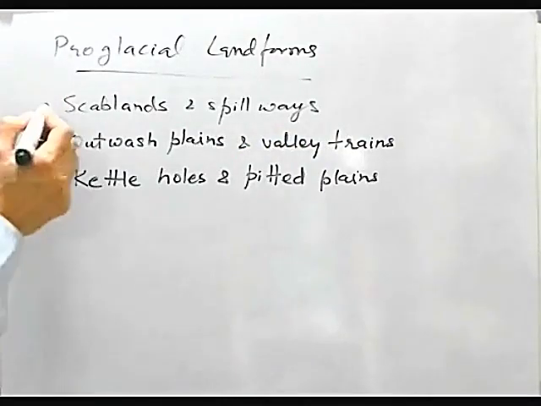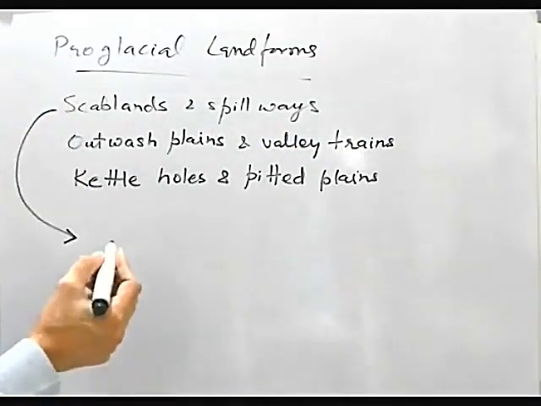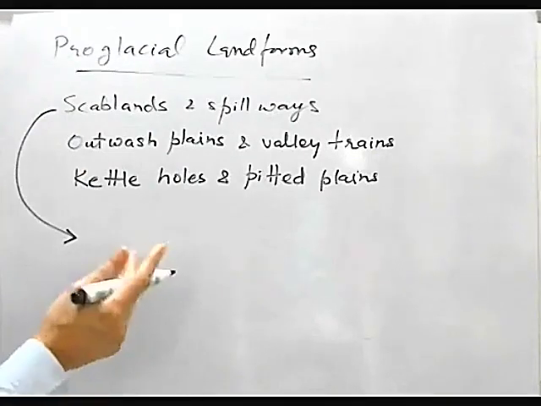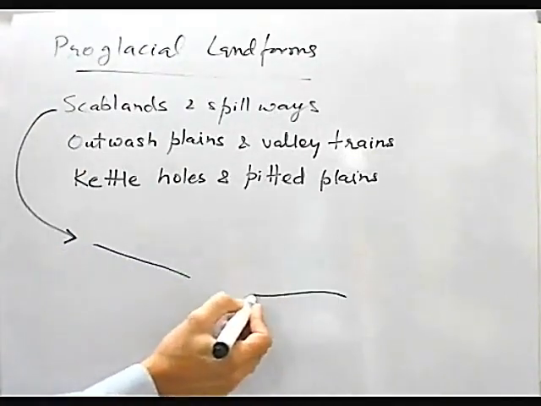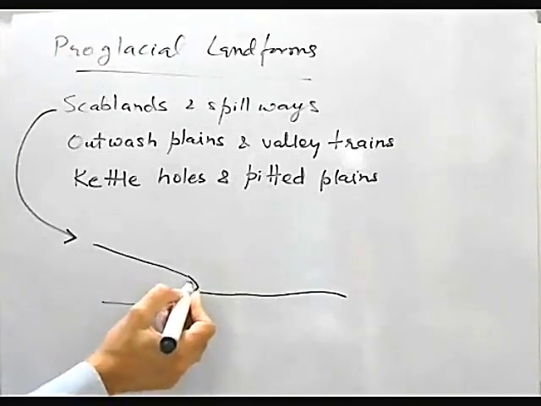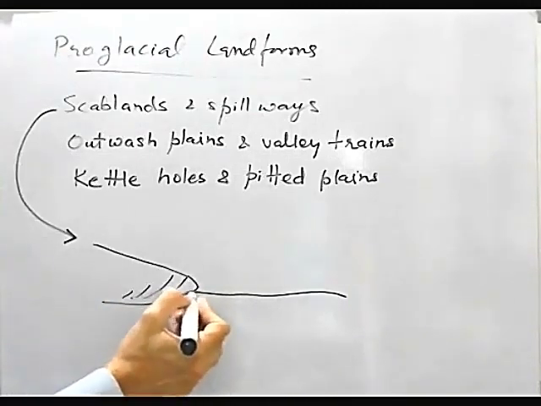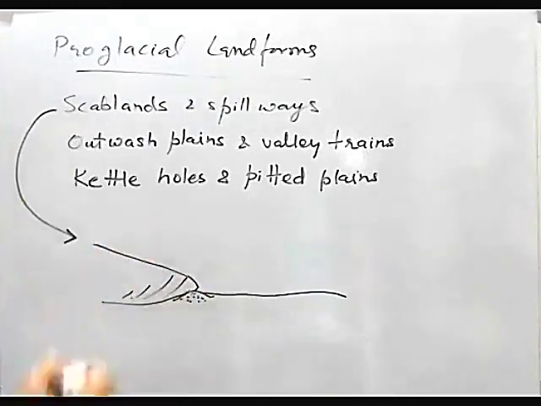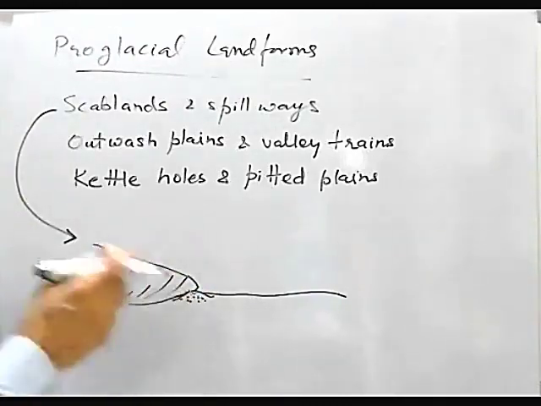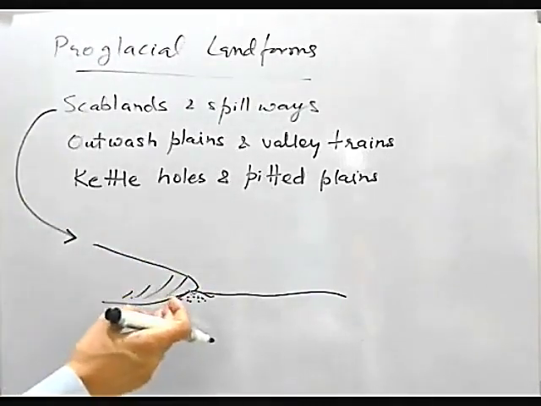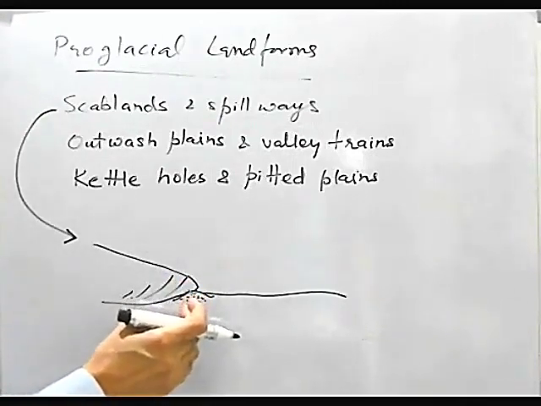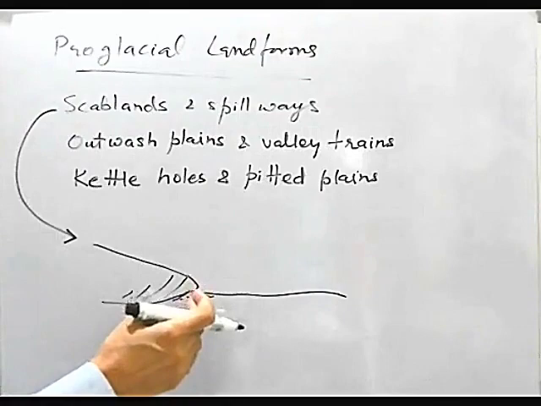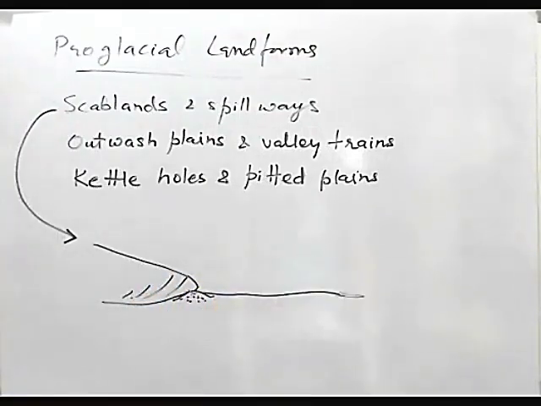Now coming to the scablands, near the snout of a glacier, if you see the longitudinal section of a glacier, so this is the snout of a glacier, and a lot of glacial sediment is present over here at the snout corresponding to the terminal moraine. Now it is quite possible that this glacier, before arriving at this position, must have been at an advanced forward position.